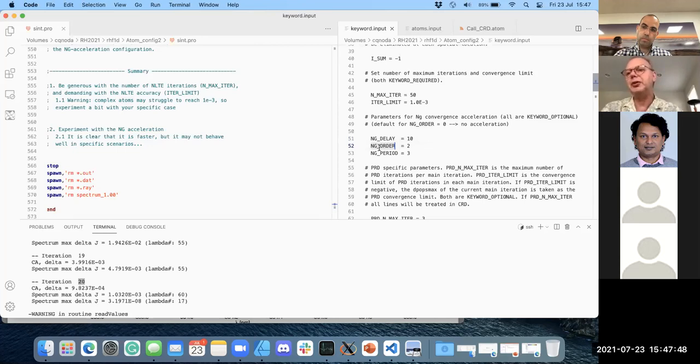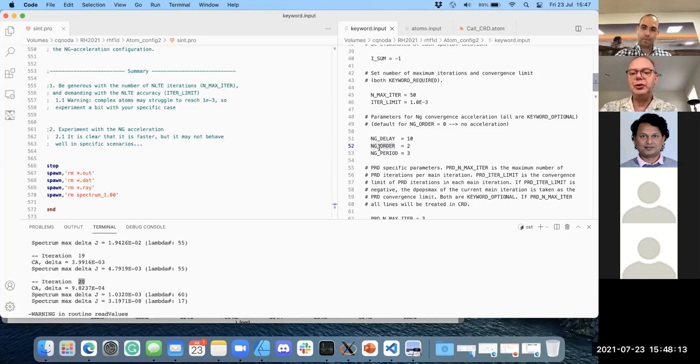But what may happen is that if you have complicated situations, the NG acceleration doesn't know anything about the physics, so it makes a best guess. But you may end up with negative population numbers in some cases, which makes the scheme explode. So that's not good. So typically in complex situations, it's better to increase the NG delay.